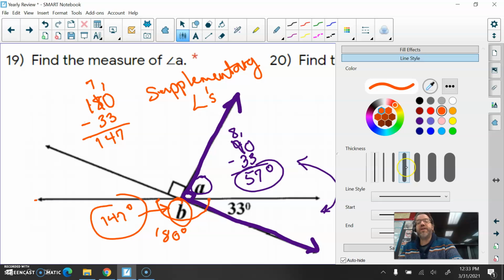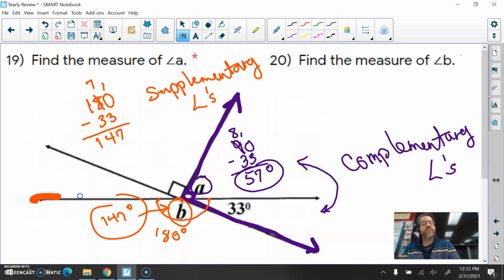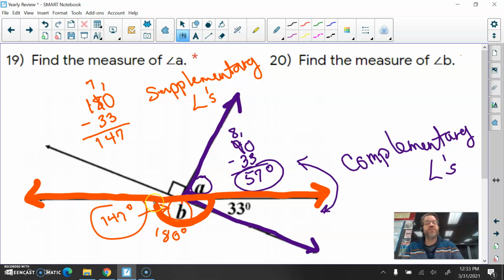Okay, so together I'll make this a little larger here. You can see those two angles totaling this 180 degrees that you see right here. Okay, those two angles together. So it's 147 degrees for angle B, and it's, what was it for angle A? 57 degrees for angle A.